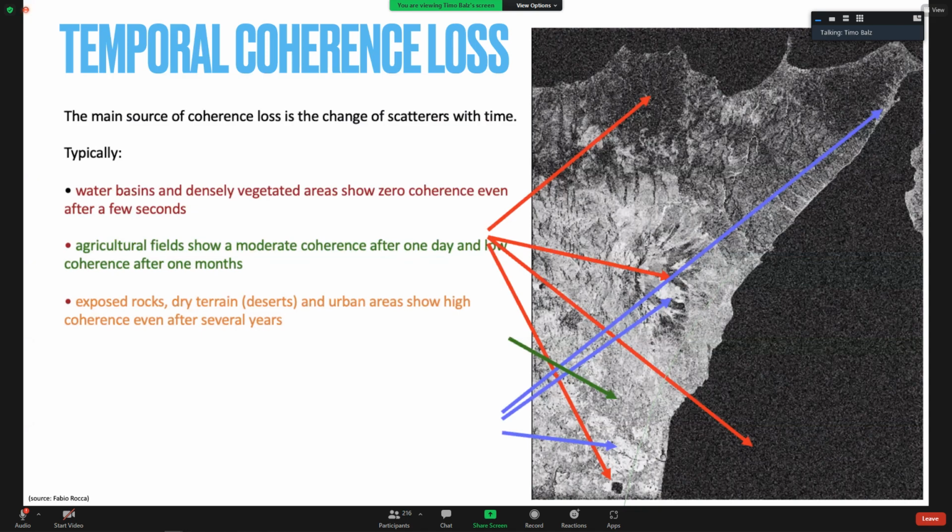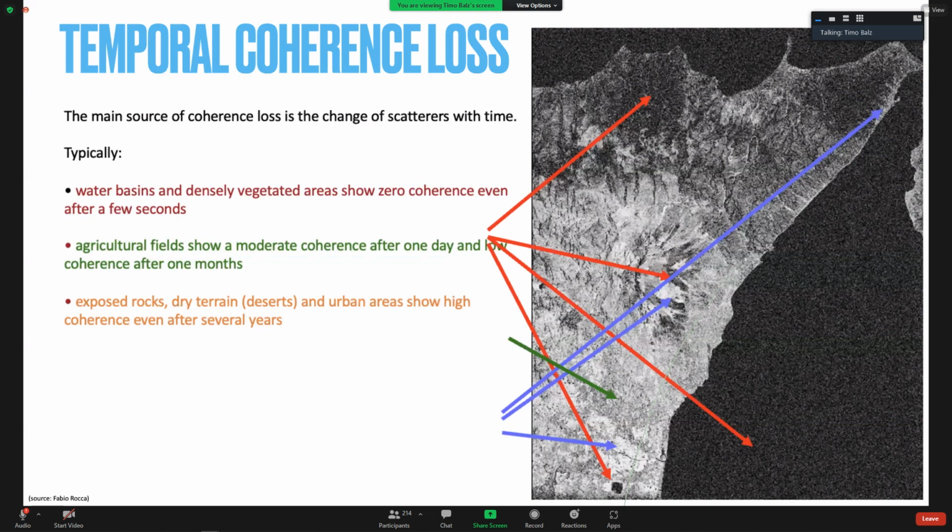Agricultural fields, less vegetated fields, lose coherence more slowly, maybe after a day or a couple of days, maybe months. And other terrains like rocks or urban areas can stay with a very high coherence even over years.